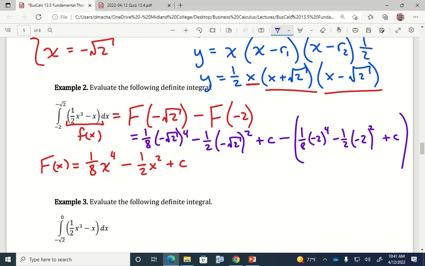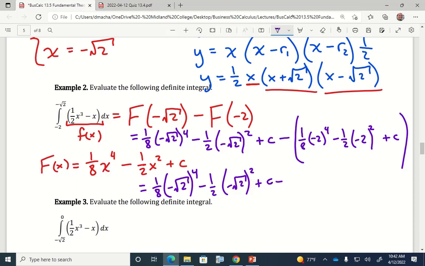Okay, now at this point, I'm going to distribute the negative sign to everything inside the parentheses. So I'll get 1/8 negative square root 2 to the 4th power minus 1/2 negative square root 2 squared plus c. Now distributing that minus sign, and it's really important that you distribute this minus sign properly or you won't get the problem right.